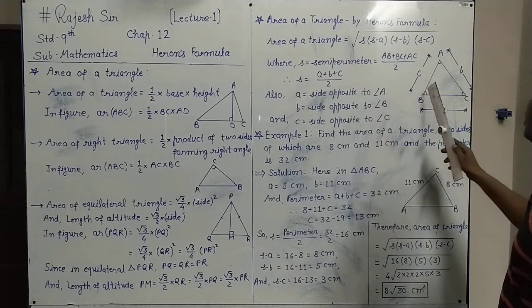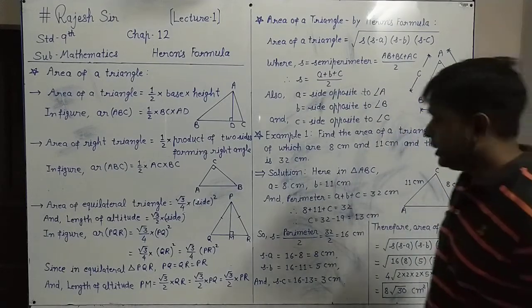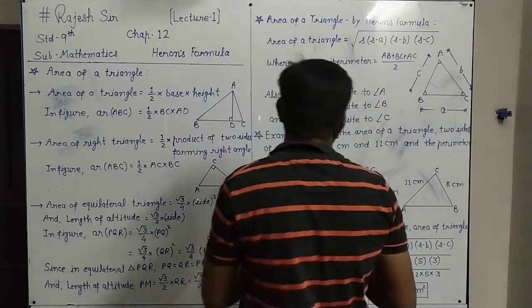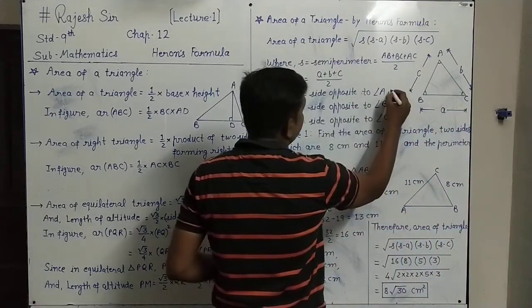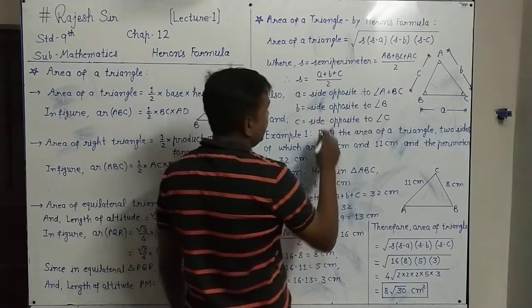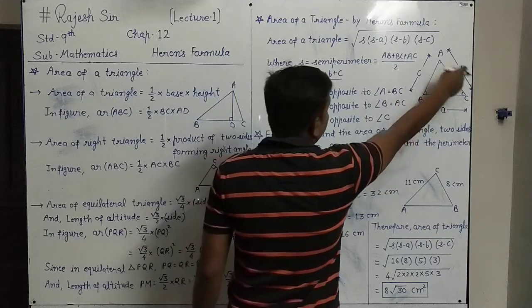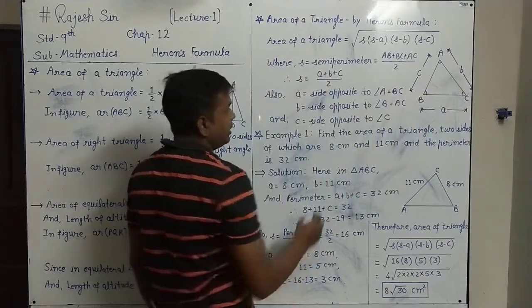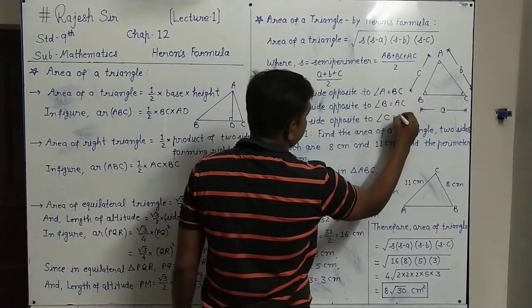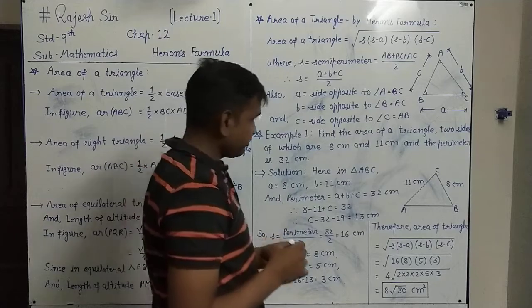What is a? The side opposite to angle A, that is BC, is a. The side opposite to angle B is AC, noted by small b, and the side opposite to angle C is AB, noted by small c.